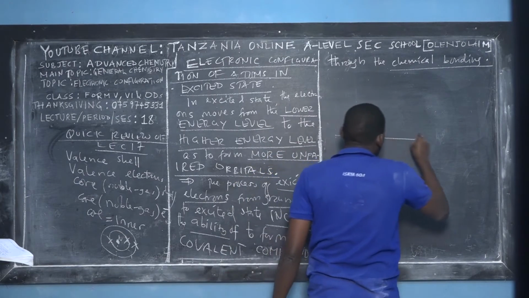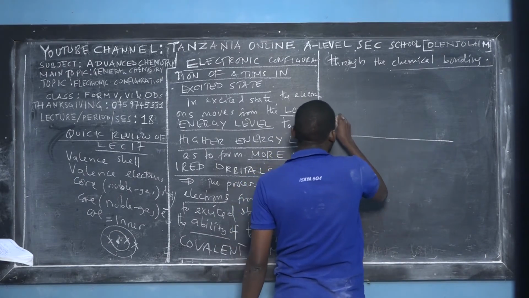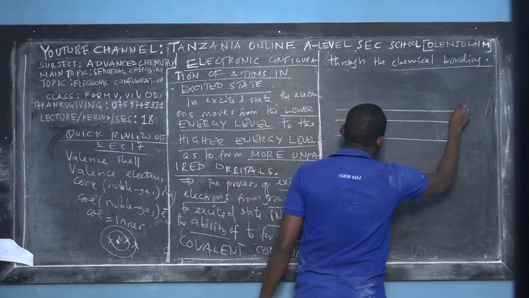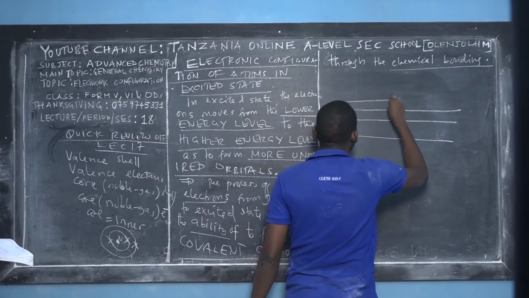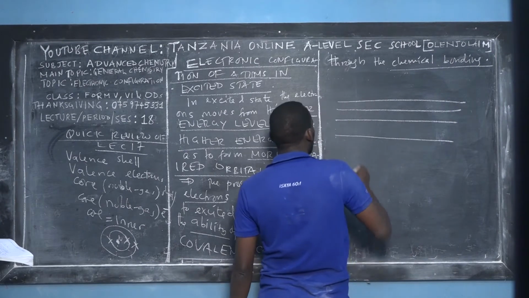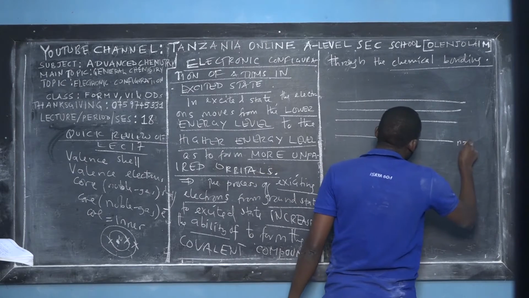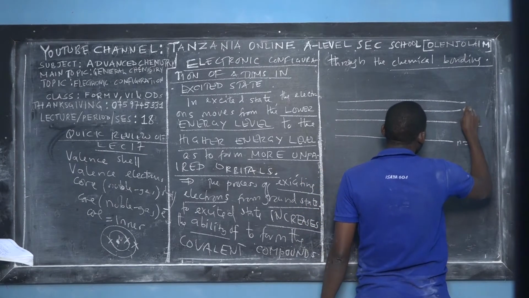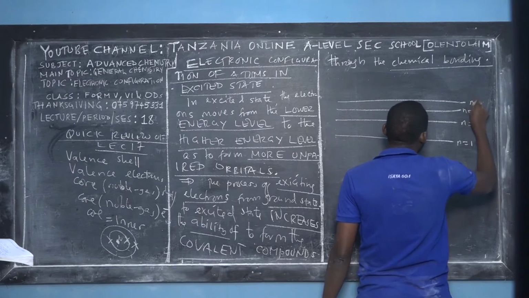Consider that you have 3 or 4 main energy levels with the principal quantum number: n is equal to 1, n is equal to 2, n is equal to 3, n is equal to 4.